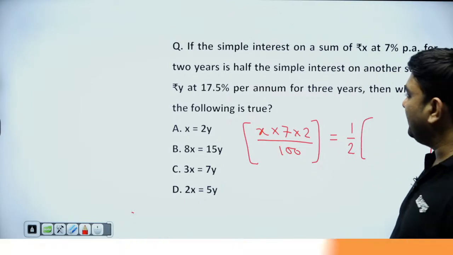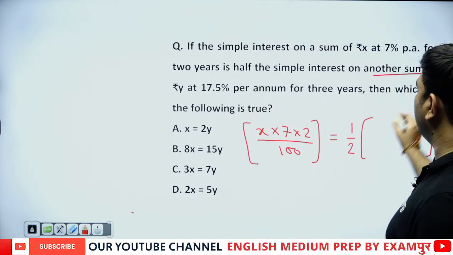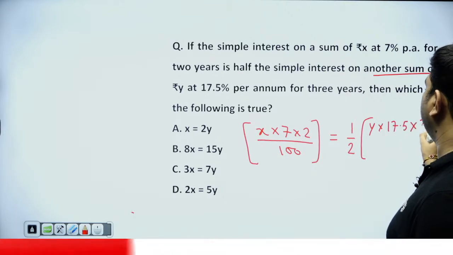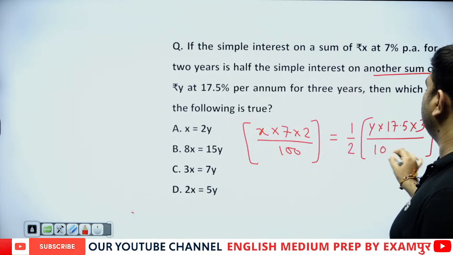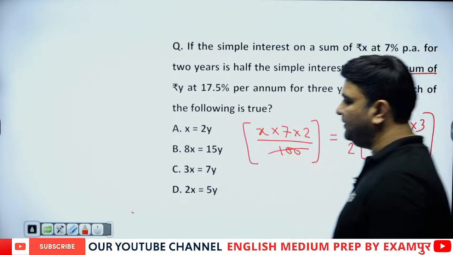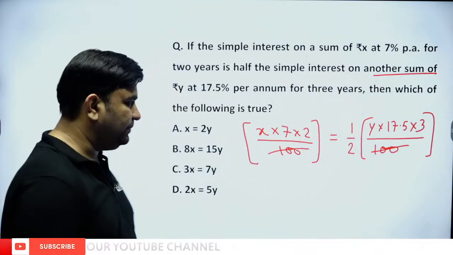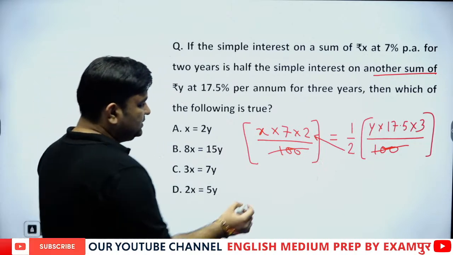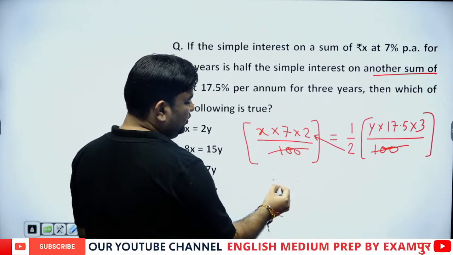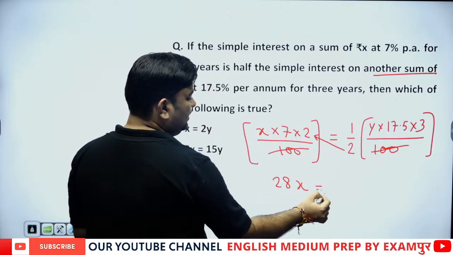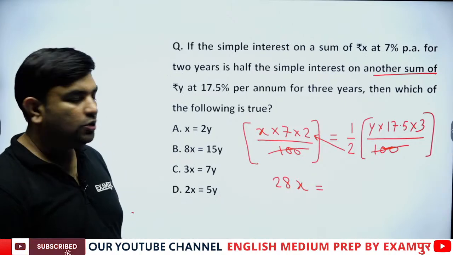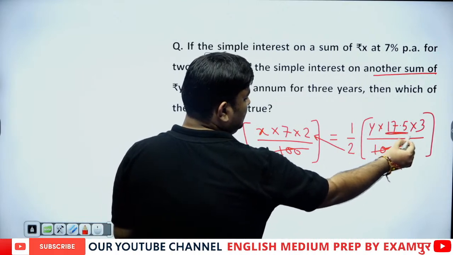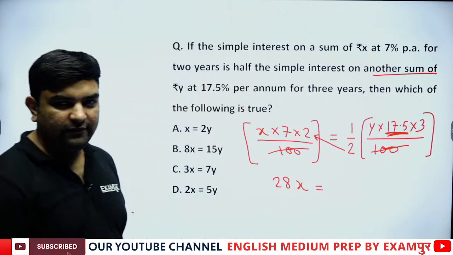Which is over the sum of Y with the rate of 17.5 for 3 years, divide by 100. 100 will get simplified. This will come in the cross multiplication. So it will become 4 7s are 28x is equal to 17.5, guys.